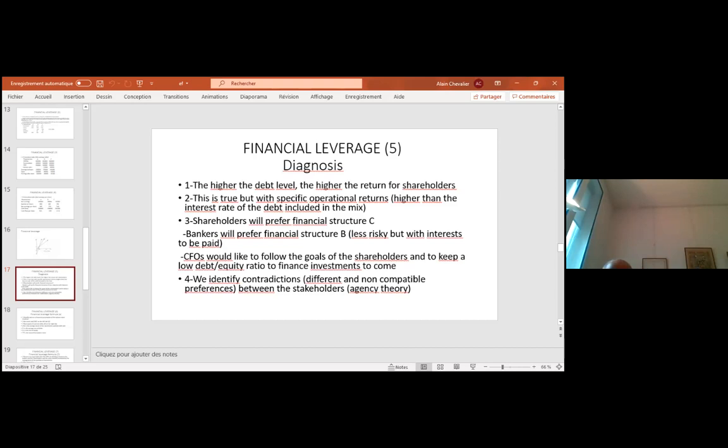It will not be part of this course, but we have a theory in finance, which is called the agency theory. And the agency theory is dealing with that kind of problem.